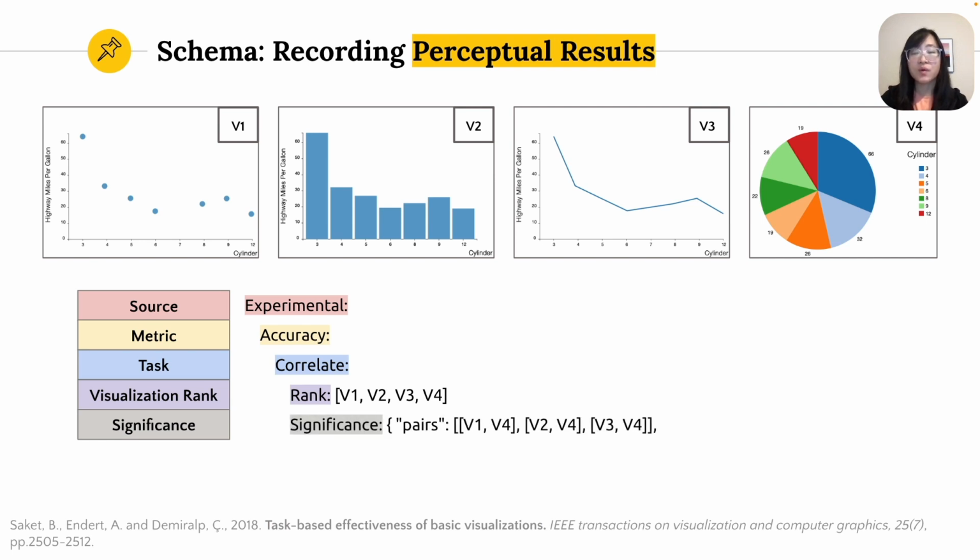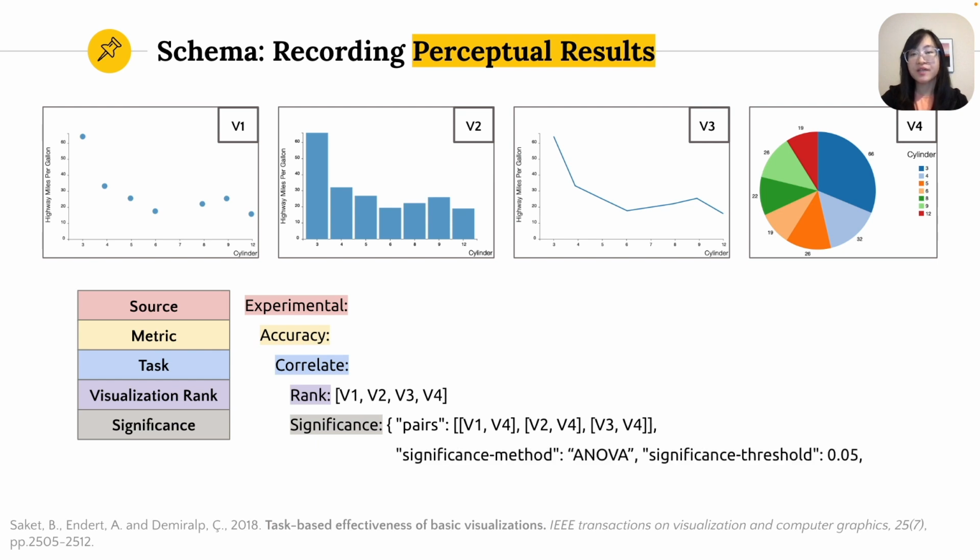Thus, we also record a significant list that stores pairs of visualizations whose performances are significantly different. We can see from the example here, visualization V1 performed the best in the correlate task, and visualizations V1, V2, V3 all perform significantly better than visualization V4 in terms of the accuracy metric.